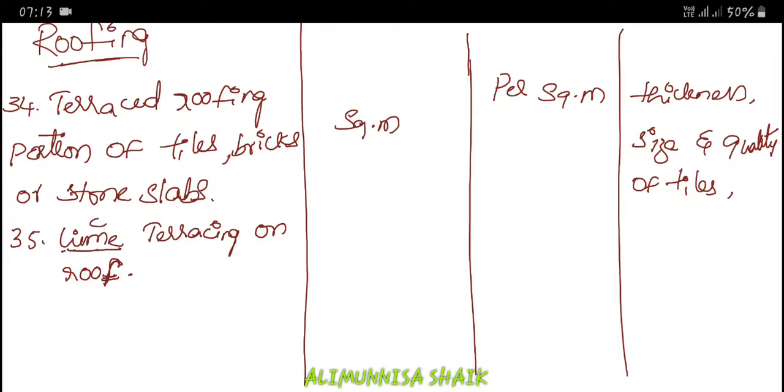The unit of measurement for your lime terracing will be in square meters. When we are using the unit of measurement in square meters, obviously the rate of your unit will be per square meter. So, this is how we are going to put the rate for each and every item. So, when lime terracing on roof is done, measurement will be in square meters and your unit rate is fixed per square meter.